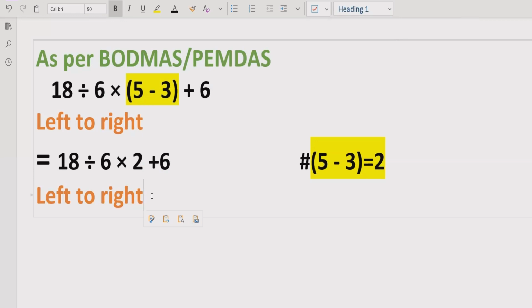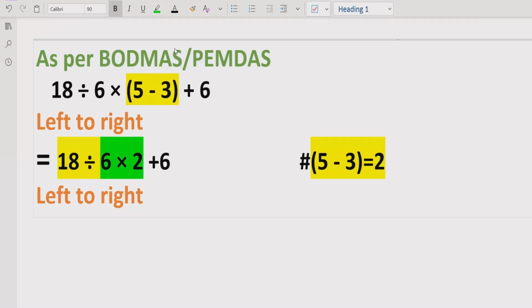If you go left to right, the first part of this expression is 18 divided by 6, so you have to solve this part first, not 6 multiplied by 2. If you solve 6 multiplied by 2 first, you will get the wrong answer.